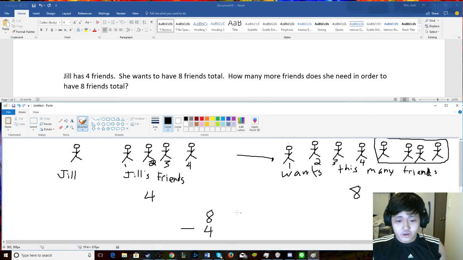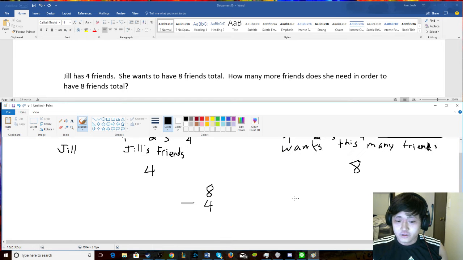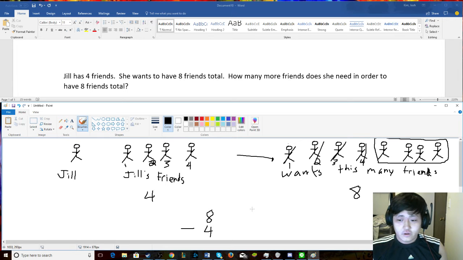So in this way we can do 8 minus 4 by putting Jill's friends over here and then crossing these ones out, because we don't need to make 8 friends, we only need to make this many friends. And if we count this, this is 1, 2, 3, 4 friends. So 8 minus 4 is 4. So this is how we can make story problems into more of a mathematical problem and find out the answer in these stories.